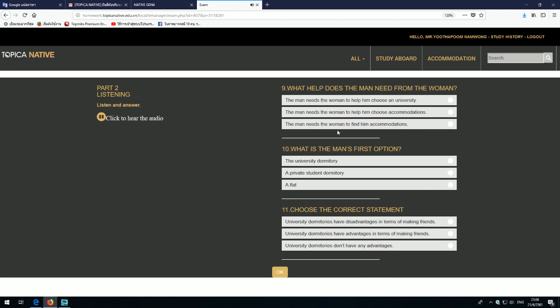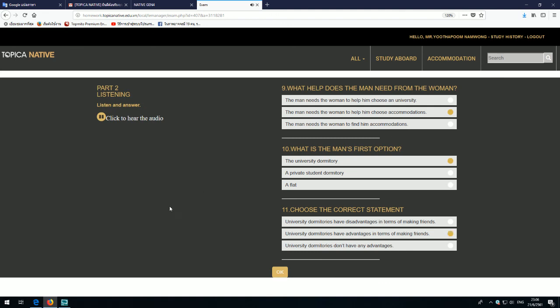Can you help me choose an accommodation for the time I study at university? Yeah, sure. What are your options? The first option is the university dormitory. Well, university dormitories certainly have some advantages. In terms of making friends, living with other students is a great way to get to know people who you may end up becoming good friends with.